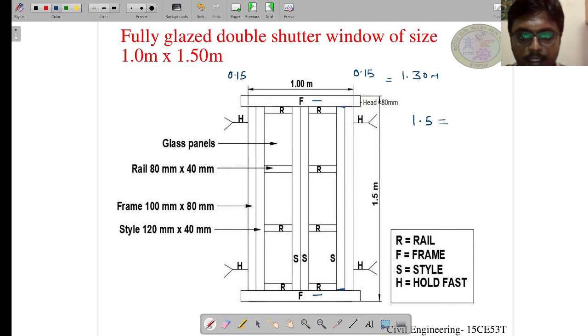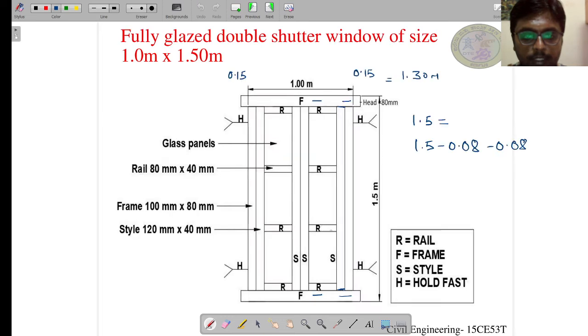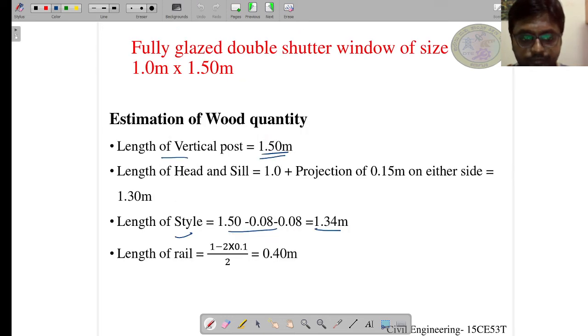To get the length of the stile, deduct the depth of the head and the depth of the sill: 1.5 minus 0.08 minus 0.08, which becomes 1.34 meter. So the length of the stile is 1.34 meter.